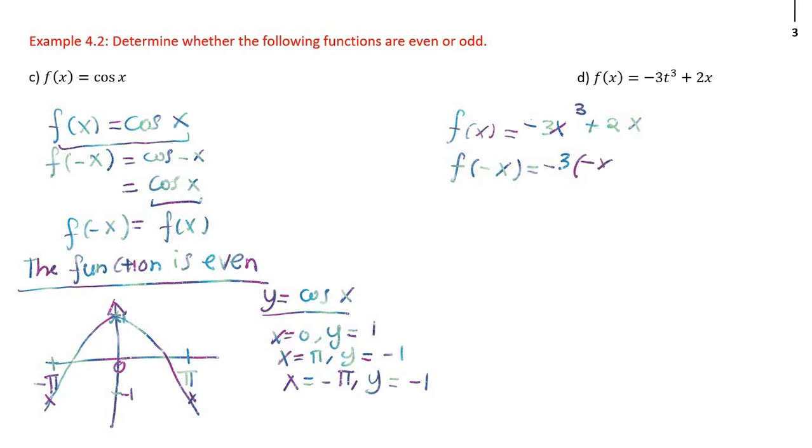If I put negative x, it will be negative 3 times negative x to the power of 3 plus 2 times negative x.